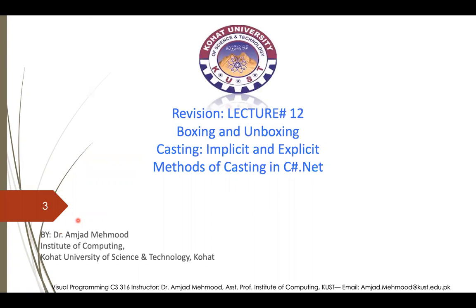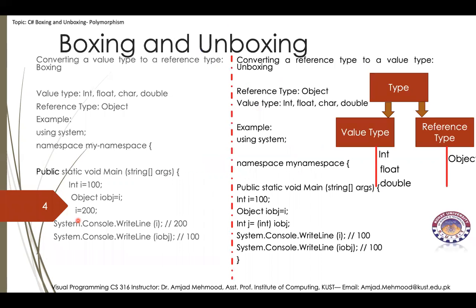So let's revise lecture number 12, which was on the topic boxing, unboxing, casting, implicit and explicit casting, and then the methods of casting available in C#.NET. So as you know, we have boxing and unboxing.